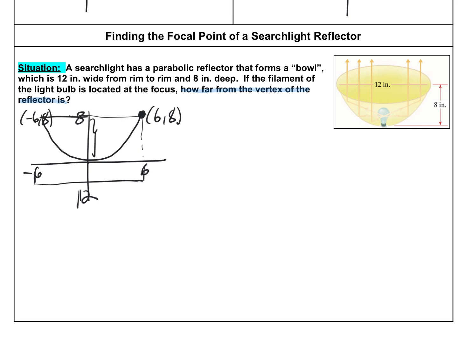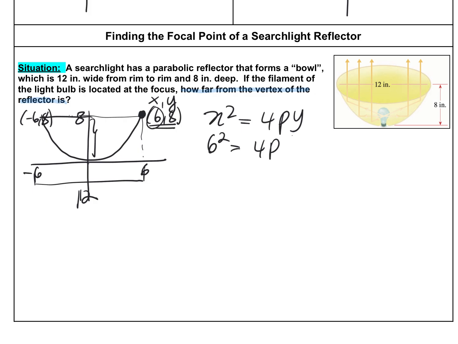We only need this part for us to be able to find the focus. This is going to be in the form x squared is equal to 4py. Now what we have here is only the coordinates of x and y, so let's use this information. I'm going to put my 6 in here. So 6 squared is equal to 4p times y.